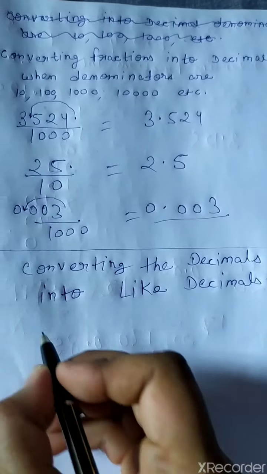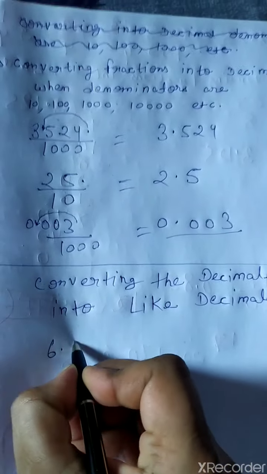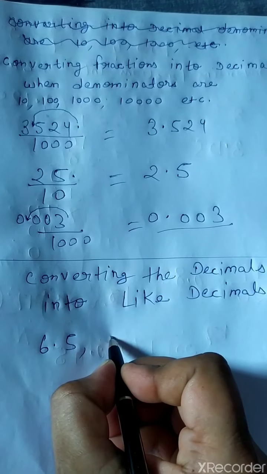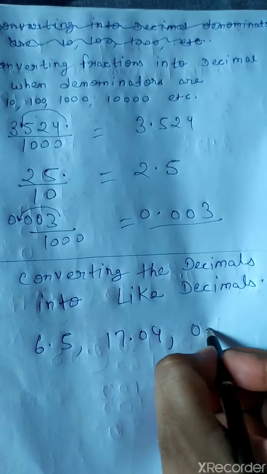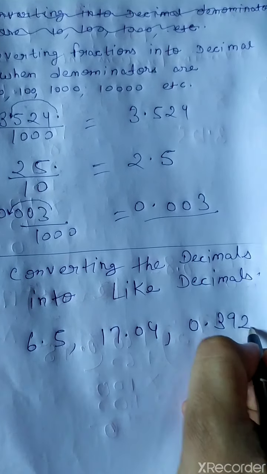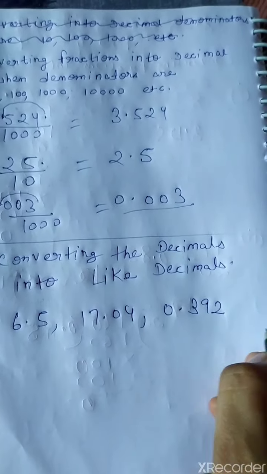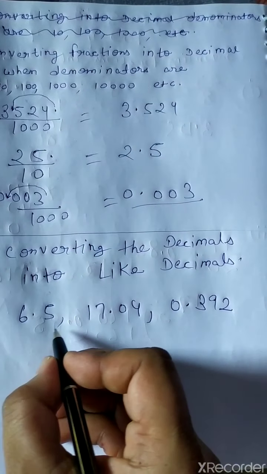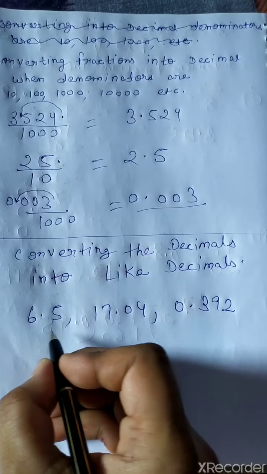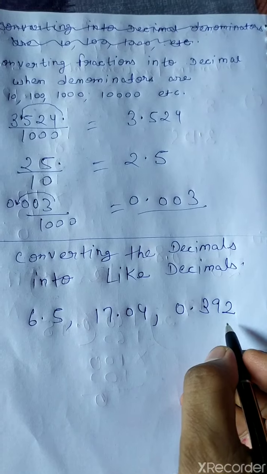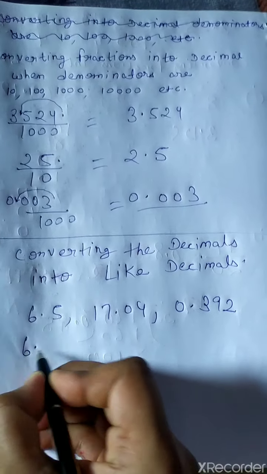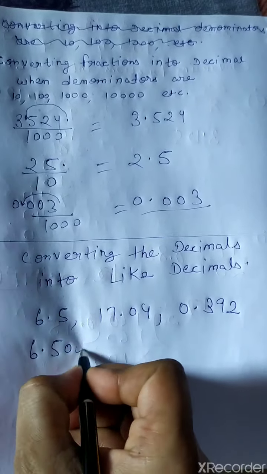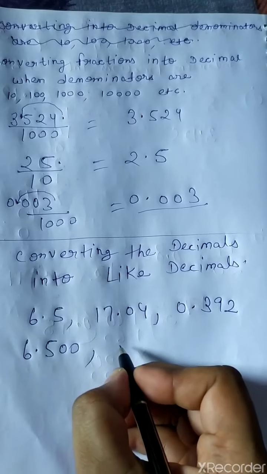For this, what you will do: if the numbers given are 6.5, 17.04, 0.392, then maintain the same decimal digits. That means the decimal places should be the same, then only it is like decimals. Write this number 6.500 because it has 3 digits of decimal.